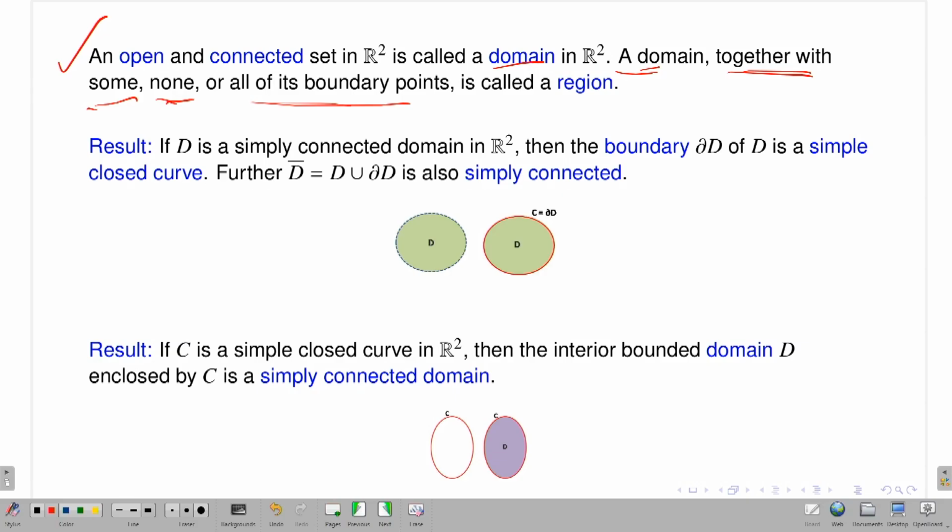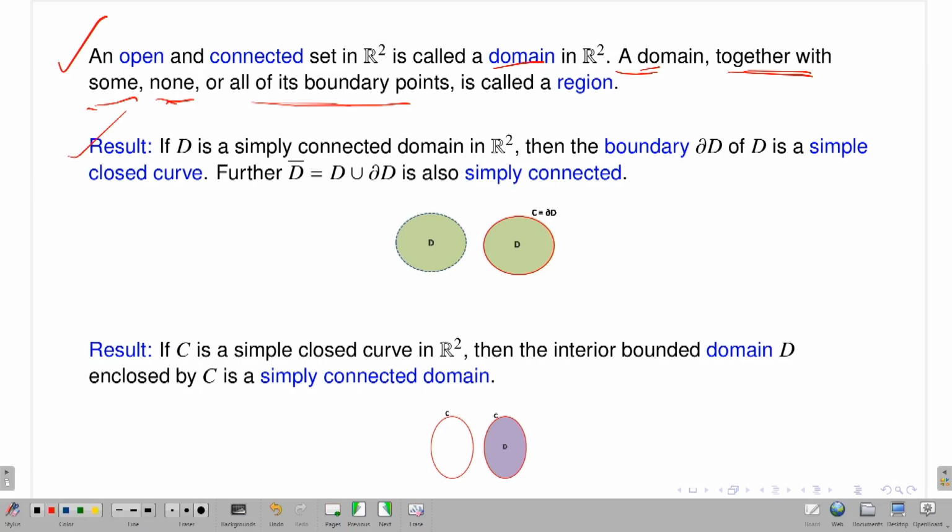If I start with a domain D which is open and connected along with some boundary points, it is also a region. And if I start with my domain along with all boundary points, that is also a region. So therefore, start with a domain which is open and connected, and take the union with some of its boundary points, all of its boundary points, or no boundary points, then this is called a region. Okay. So that is my definition.